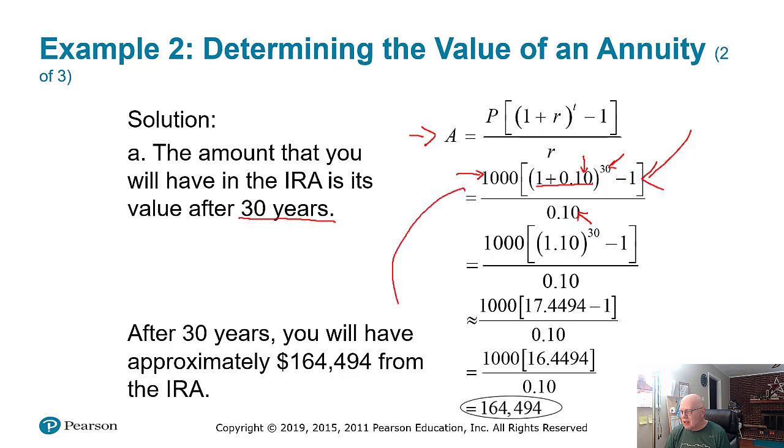In fact, take a look. $164,000 plus. You only put in $30,000 total. That's pretty amazing. That's the power of starting early and being regular with your payments.